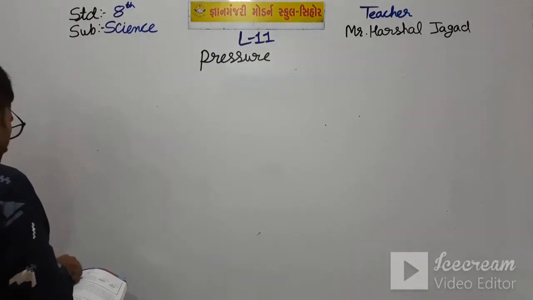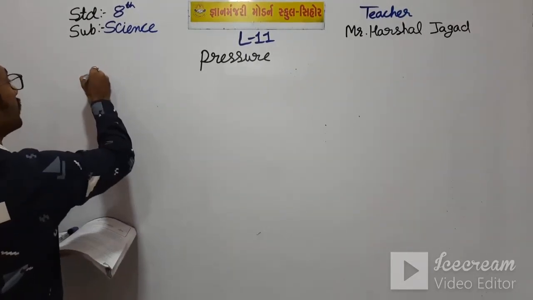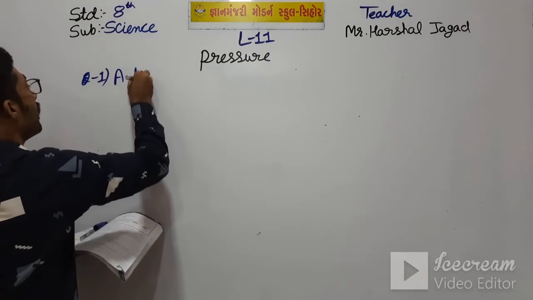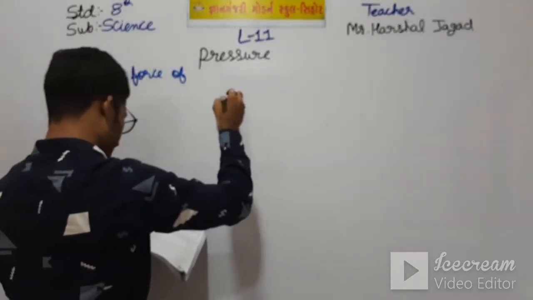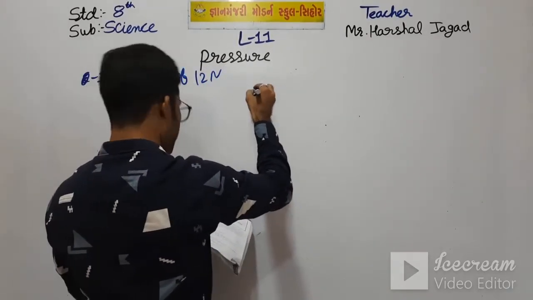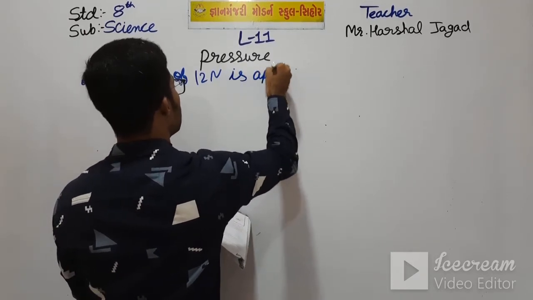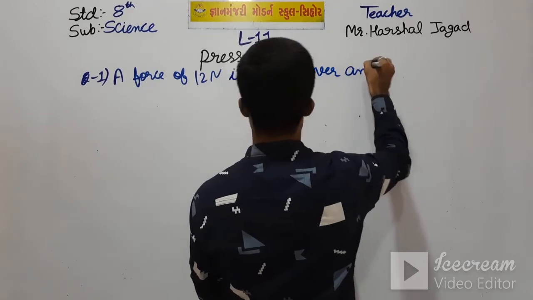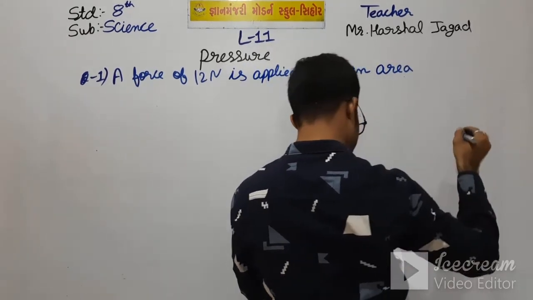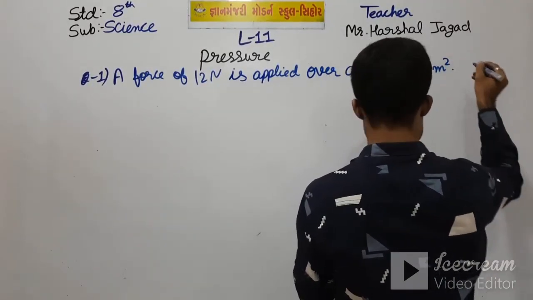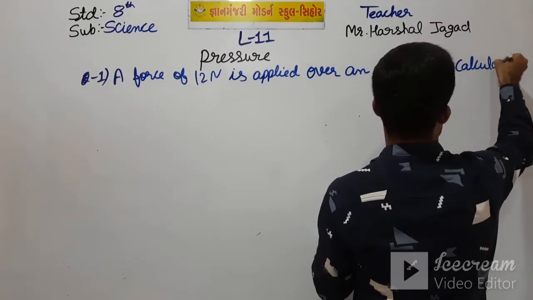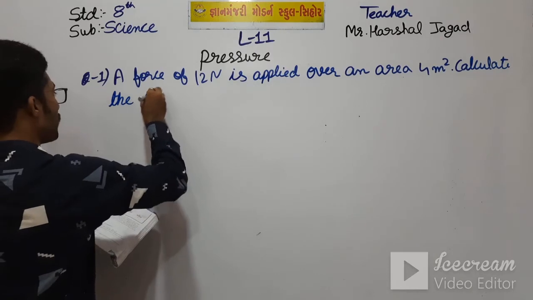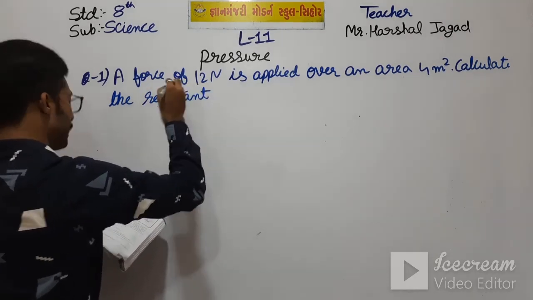The first example was question 1: a force of 12 Newton is applied over an area of 4 meter square. Calculate the resultant pressure.